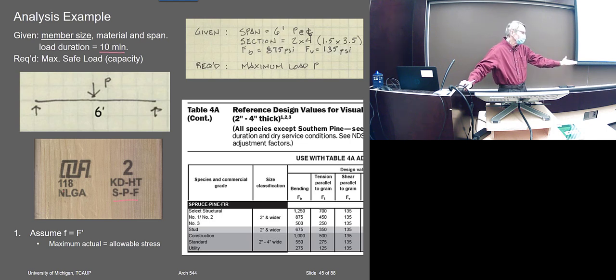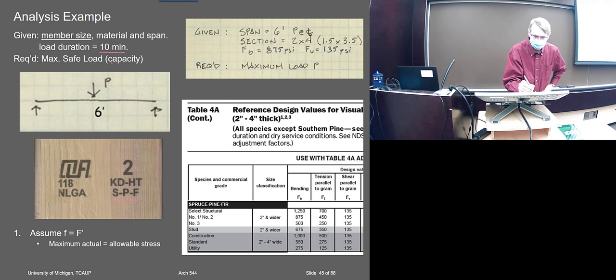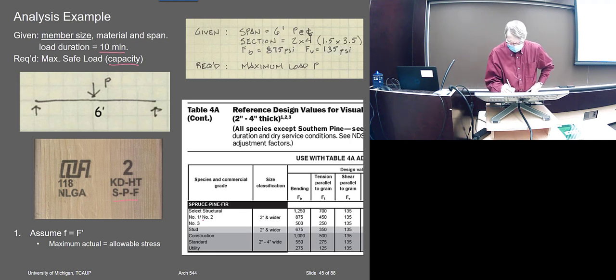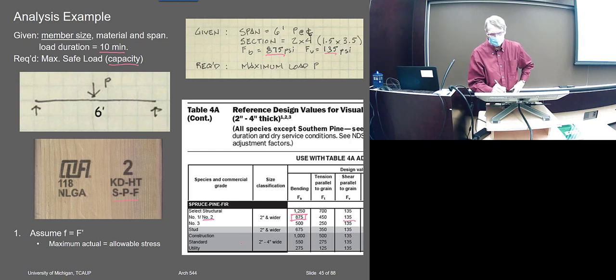So this might be if you were going to hang something or lift something from it. We just want to find the capacity. So for spruce pine fir number 2, the bending is going to give us that 875, and the shear would be 135. Those are those two numbers.